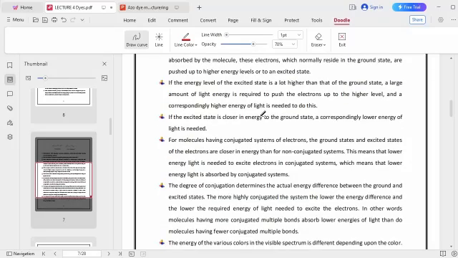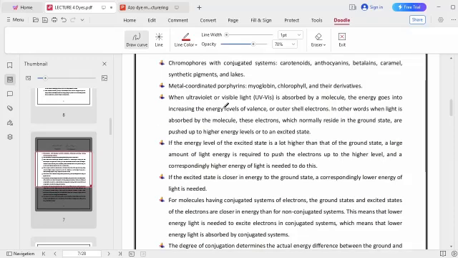And when light is absorbed by a molecule, the energy is absorbed by electrons, and the electrons gain the energy and get excited. They then move from ground state to an excited state.